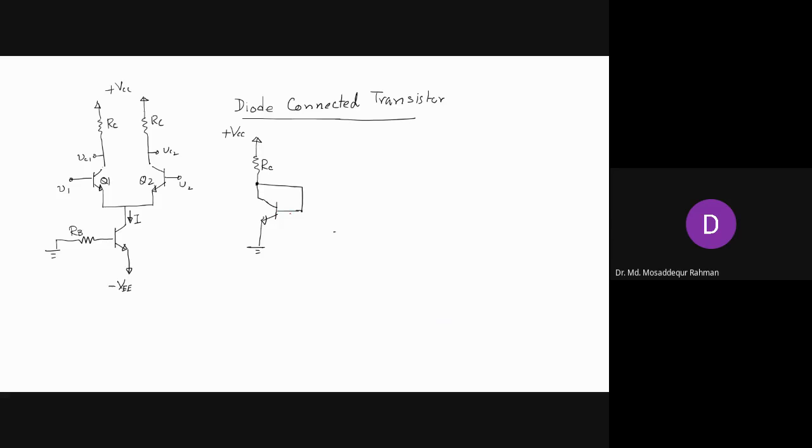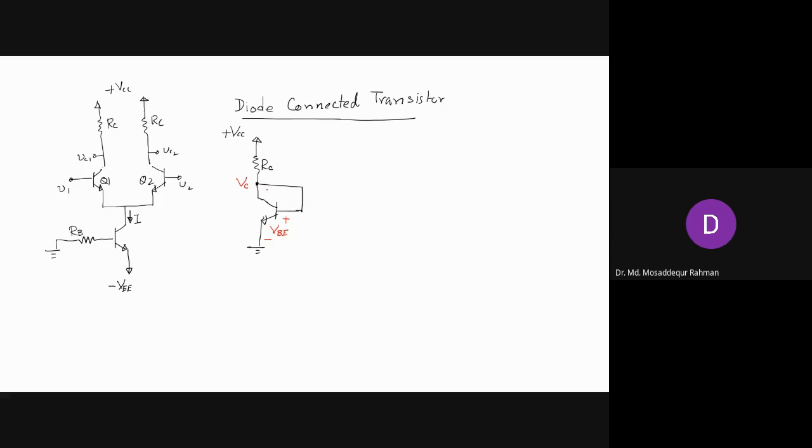So the base is connected to the collector, right? So the base collector junction is basically shorted, and you have this forward bias voltage base emitter, and the voltage here is the collector voltage VC. Now, whatever voltage you apply here, the same voltage appears at the base, and that forward biases the base emitter junction, right?